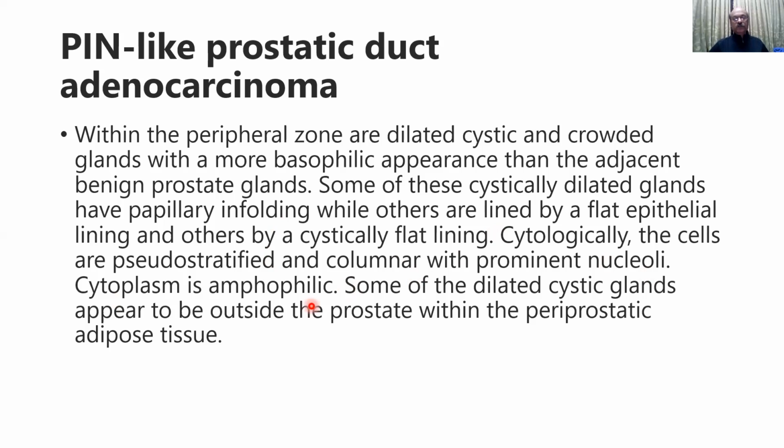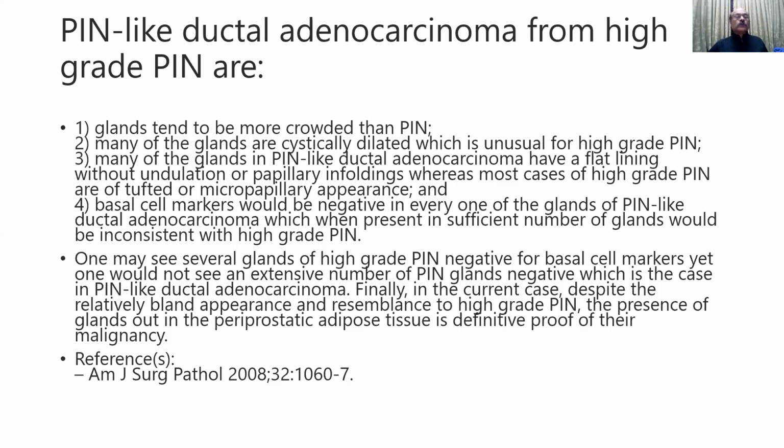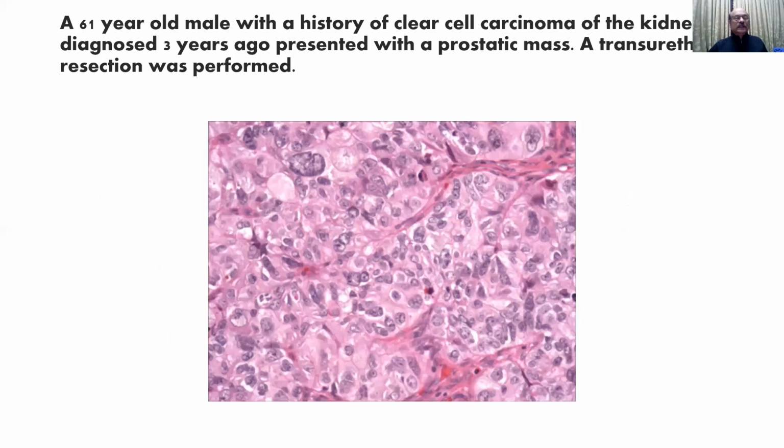Cytoplasm is amphophilic. Some of the dilated cystic glands appear to be outside the prostate within the periprostatic adipose tissue. So this is a relatively new entity, and this is a very interesting case.